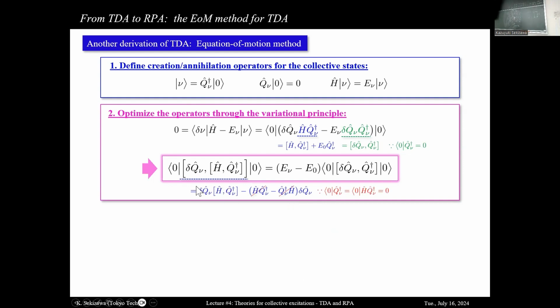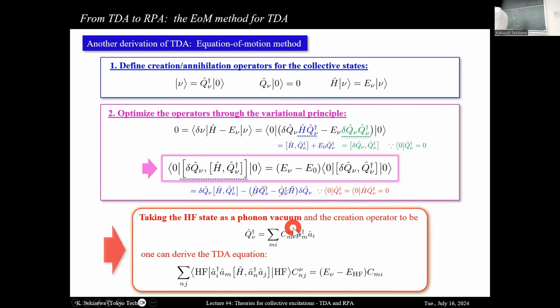And we can compute this double commutation relation again, using the relation here. And eventually, what you have is this equation.